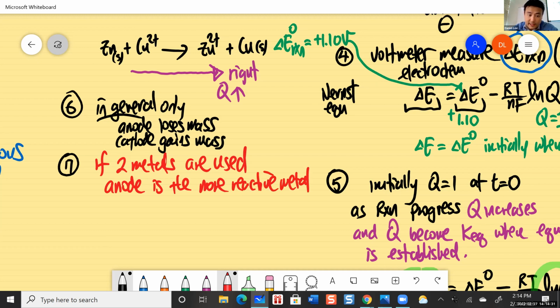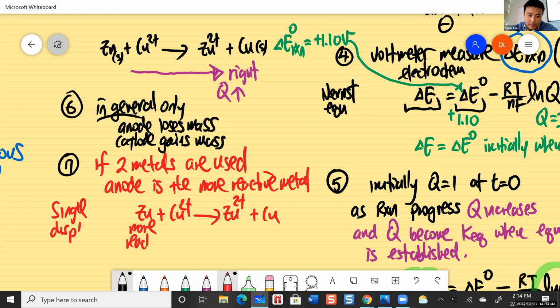So zinc and copper 2+, isn't this single displacement? Zinc is reactive enough to displace copper. So zinc is more reactive than copper. It displaces copper 2+ from the solution because zinc is more reactive than copper.